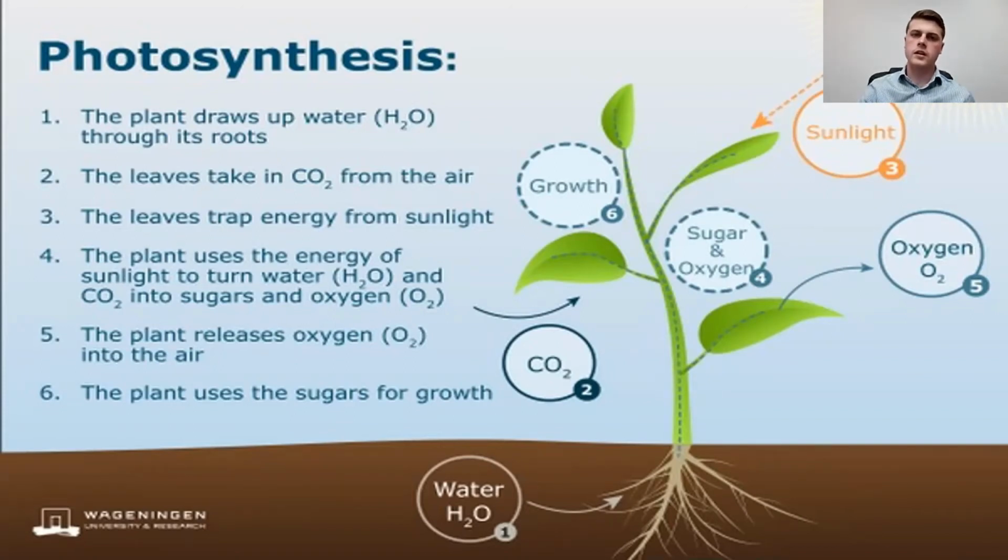Also, quite an important note to realise is that nutrients aren't energy to this cycle. So nitrogen, for example, is not energy to the plant. So when we're putting nutrients on, we are supplying the plant with the parts that it needs to complete this process in the most efficient manner possible.